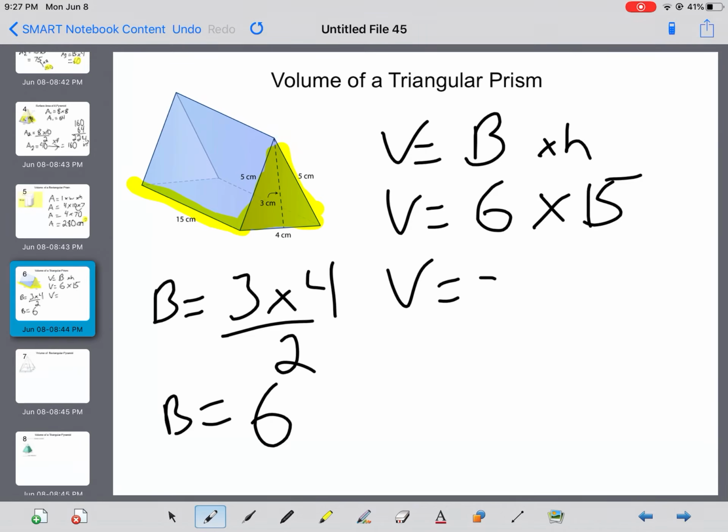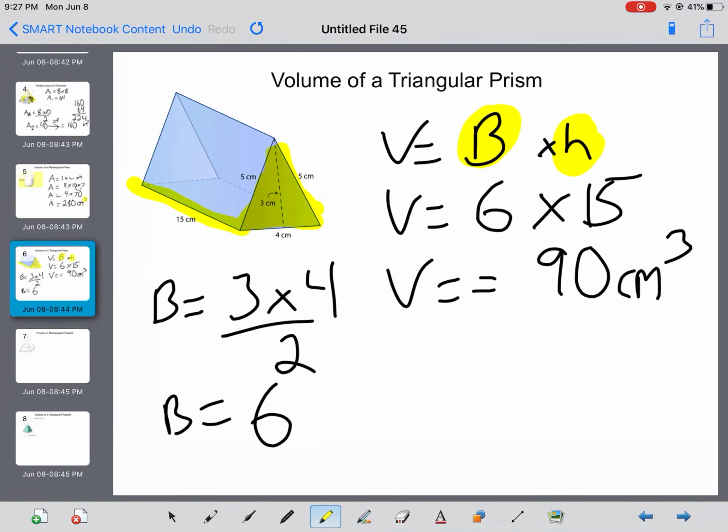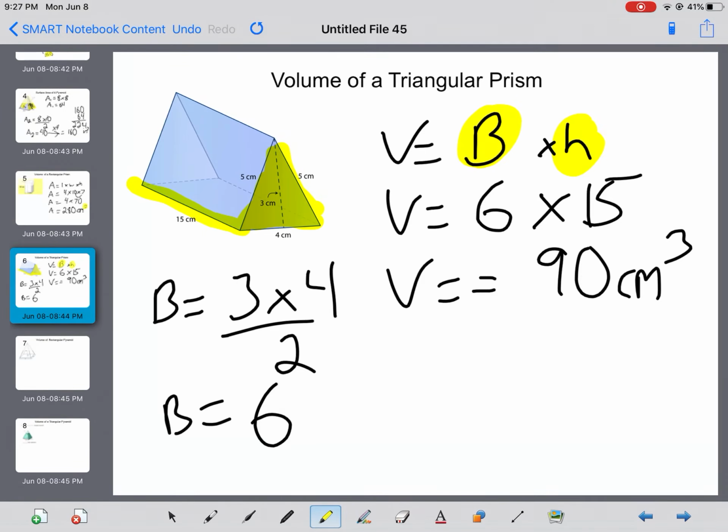So I would get 90 as my answer. 90 cubic centimeters. Okay, so again, I found the base of the triangle, and then I just multiplied by the height. Now, what if I'm working with a pyramid?